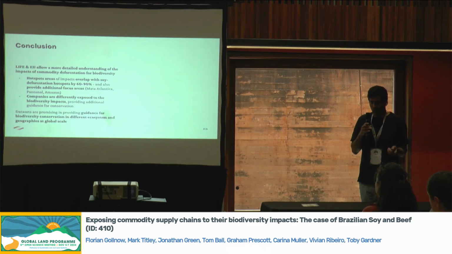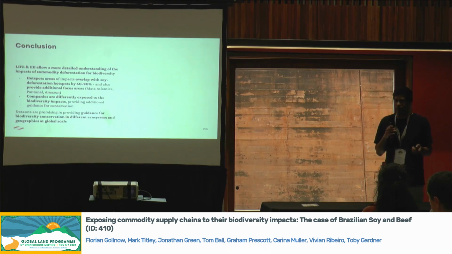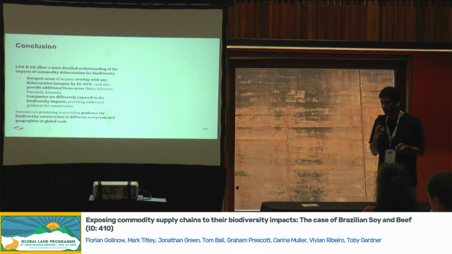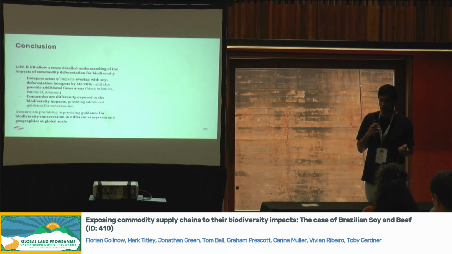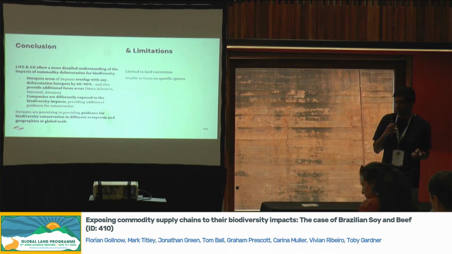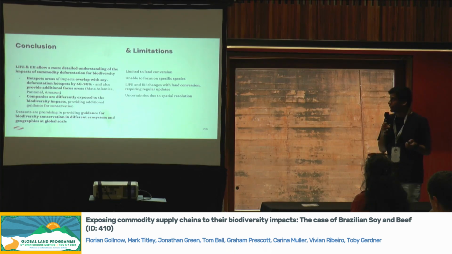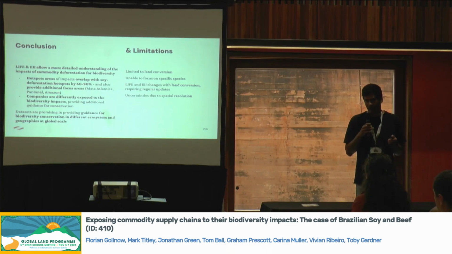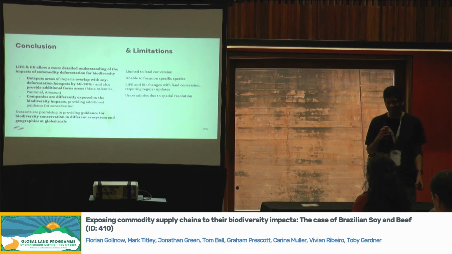Those data sets are global, and we want to expand those analyses across the commodities in Côte d'Ivoire and different countries and commodities. But of course, there are a lot of limitations linked to those data sets, which we still need to look at and understand better, as this is only linked to land conversions, unable to focus on specific species, and also needs regular updates. Thanks.